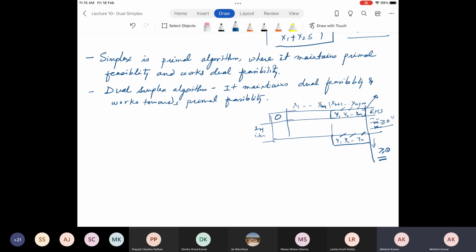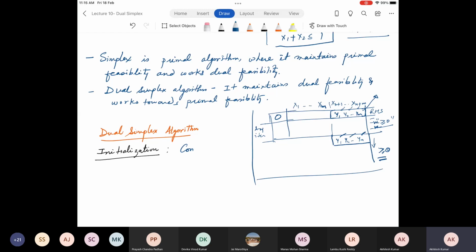First, let me give you the algorithm. Dual simplex algorithm. The first step is initialization. Convert a minimization problem into a maximization problem.